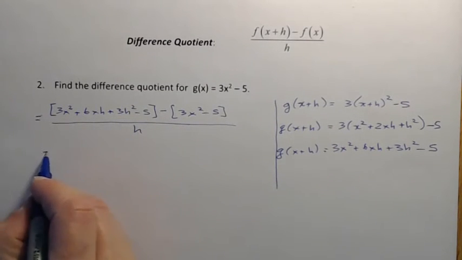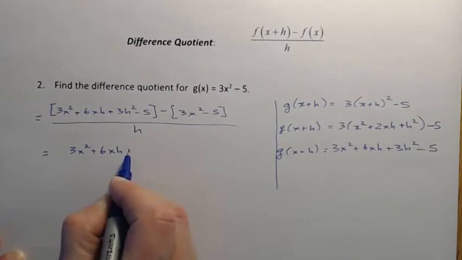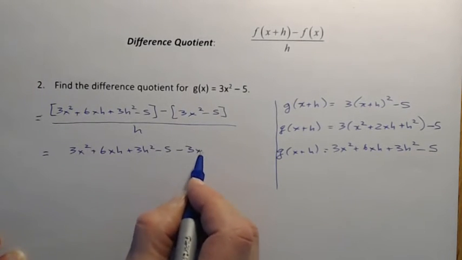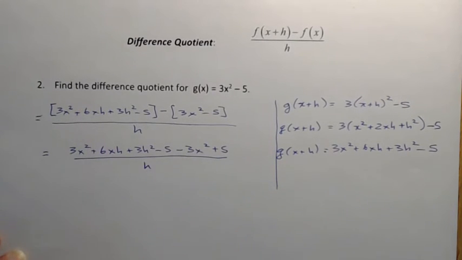And remove the parentheses on top, so I have 3x squared plus 6xh plus 3h squared minus 5. Distribute your minus sign, so minus 3x squared plus 5, all over h.